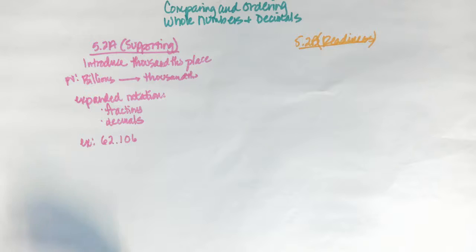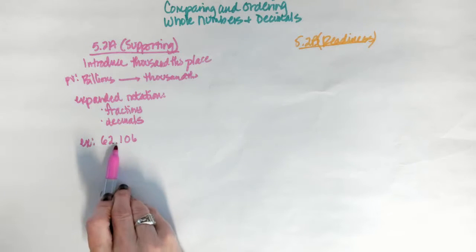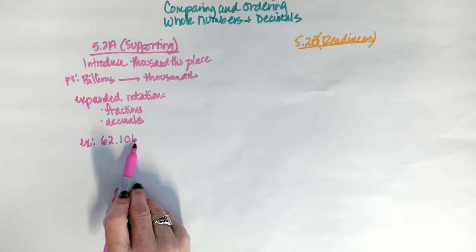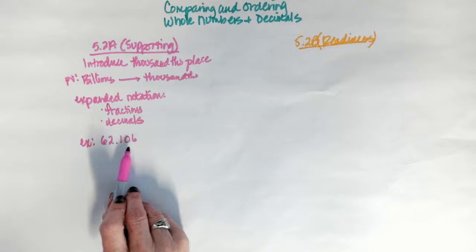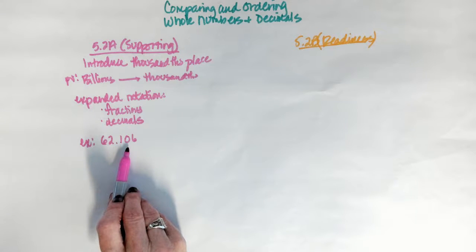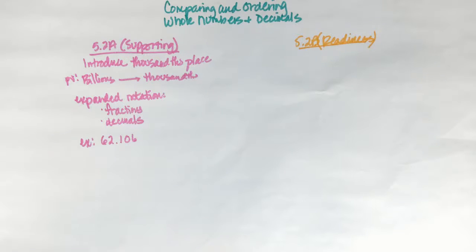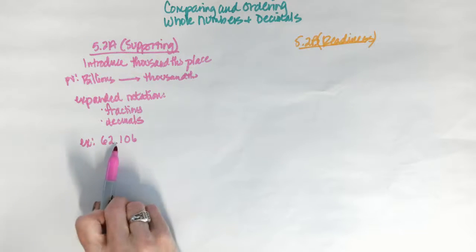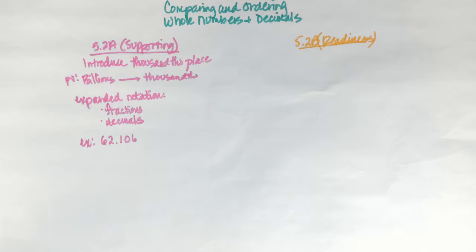We are going to read the number correctly: 62 and 106 thousandths. Notice I didn't say 62 and 106 thousandths with an extra and. The only place you can read an and is where the decimal is. We tend to say and within numbers way more often than we should out of habit. So you're going to have to be very aware of how you're reading numbers and how kids are reading numbers so that they're reading them correctly.